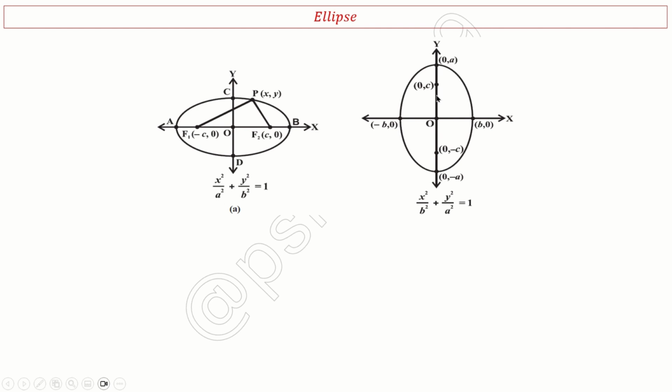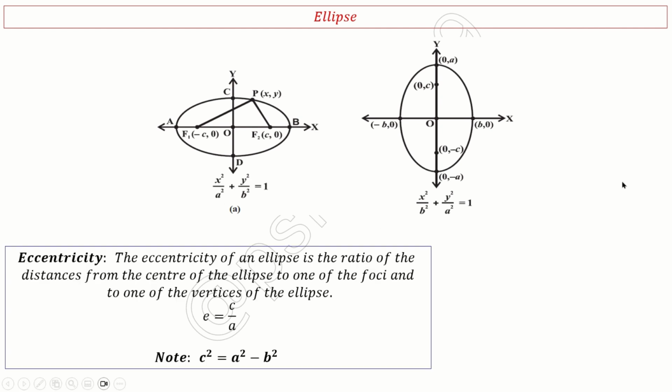The vertices are 0 comma a and 0 comma minus a here; here they are a comma 0 and minus a comma 0. The other ones are b comma 0 and minus b comma 0. That's the only difference. So depending on the focus points or the vertices, you can easily understand whether the major axis is on the x-axis or y-axis.